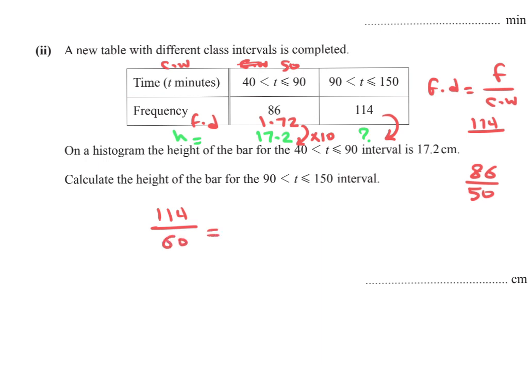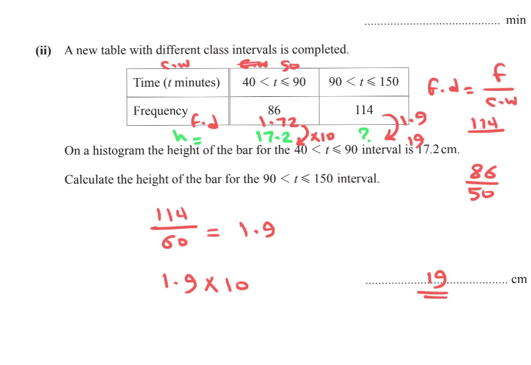So 114 divided by 60 is 1.9. So the frequency density for this group is 1.9. Then we multiply by 10. So the answer is 19, because 1.9 times 10 equals 19.